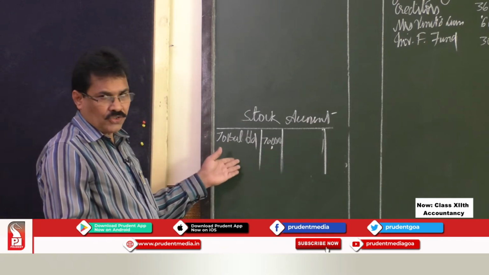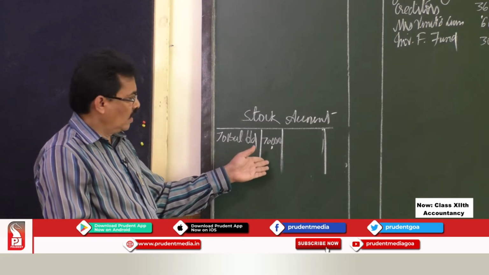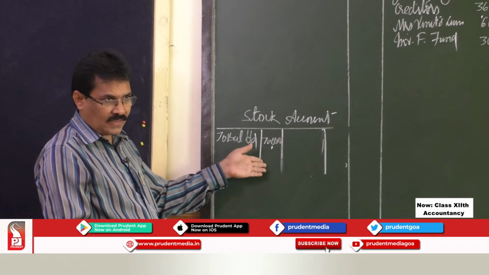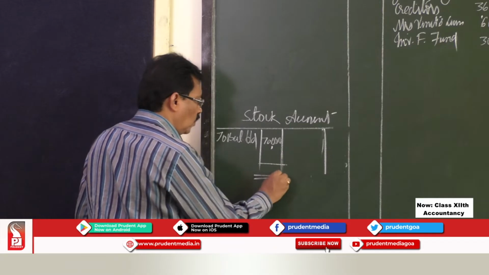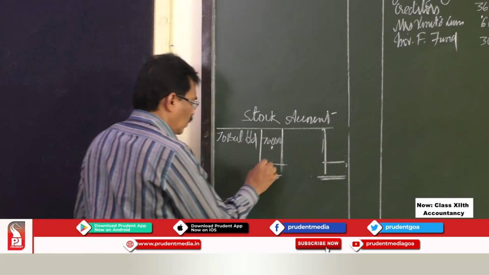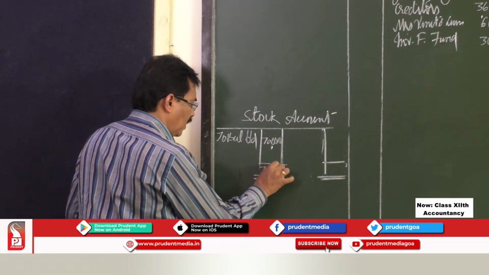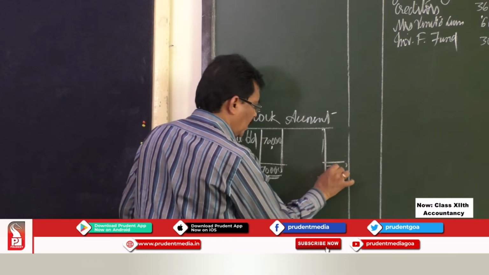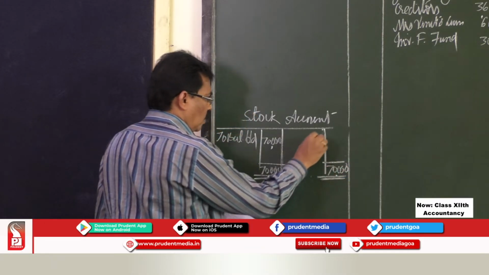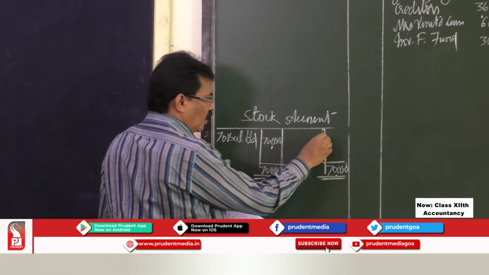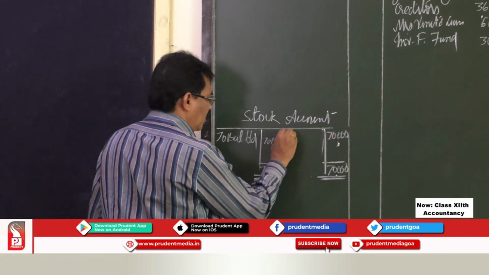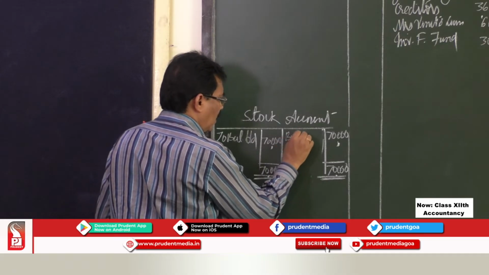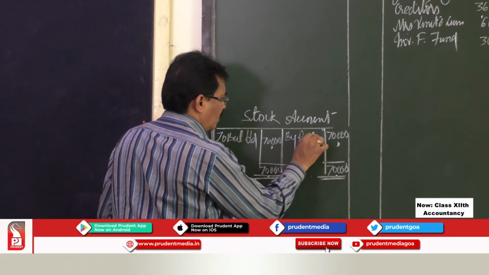Your stock account is showing a balance of rupees 70,000. Now, we have to make this account balance as nil. We have to close this account. We close this account by transferring to realization account. So, this is 70,000. Bring that 70,000 to the credit side. To make this balance 0, you have to put this rupees 70,000 and this we transfer to an account called realization account.